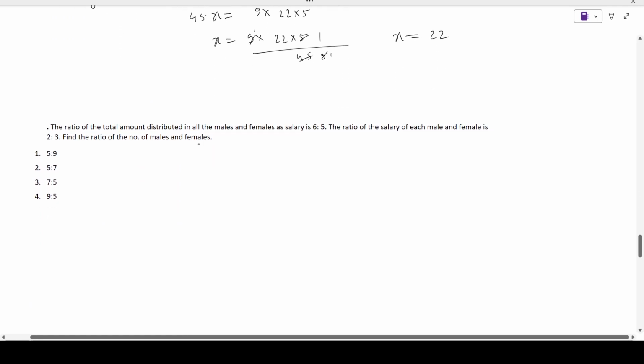The ratio of the total amount distributed in all the males and females as salary is 6:5.